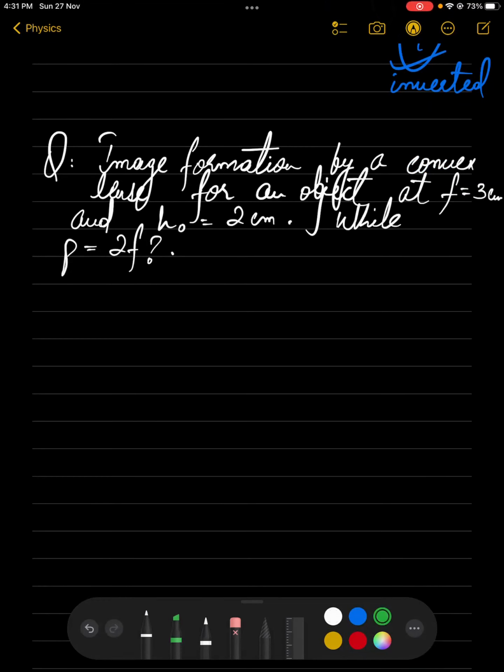Okay, so these are some terms written over here. मैंने F लिखा है, फिर HO लिखा है, और आखिर में P is equals to 2F लिख दिया है.